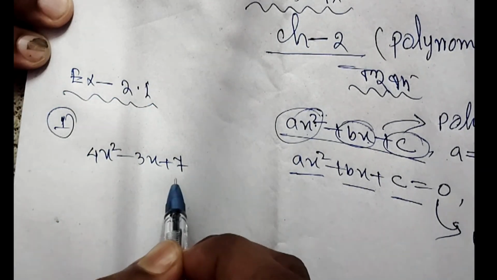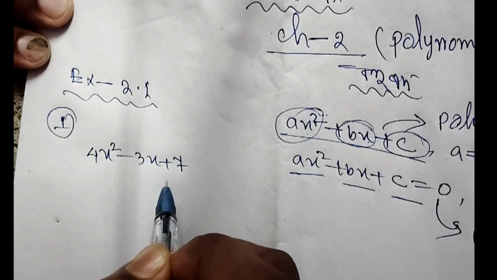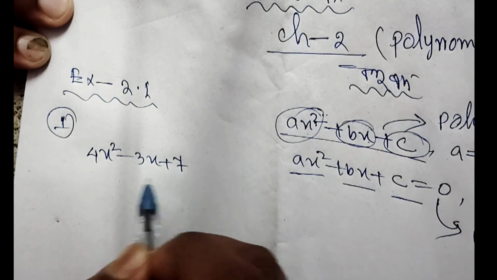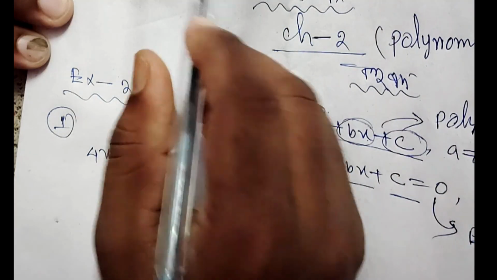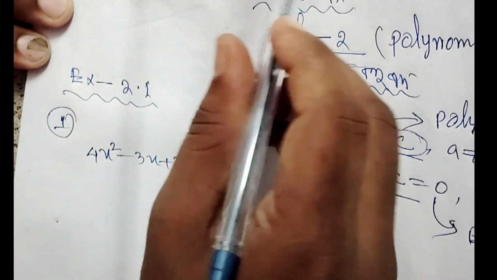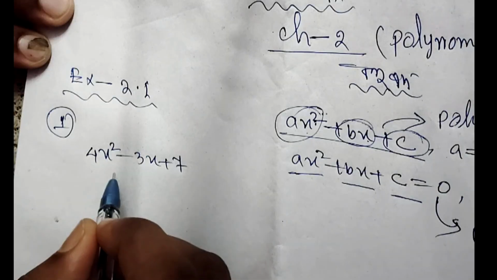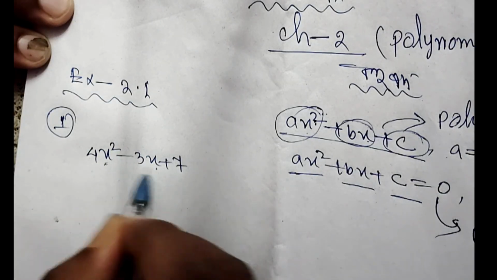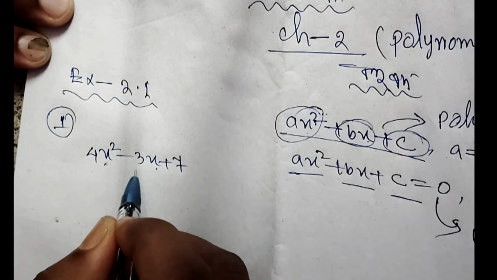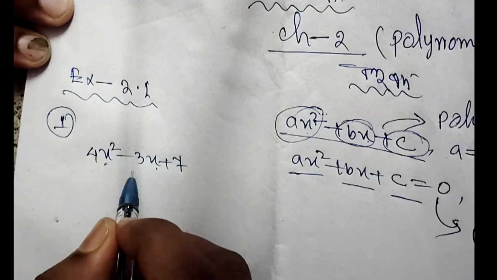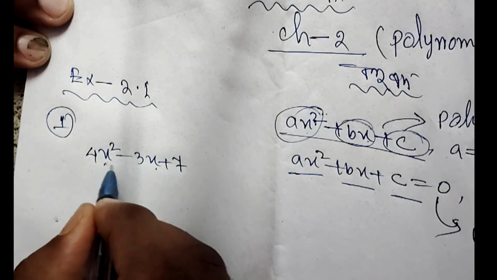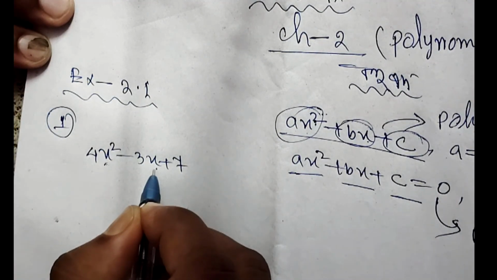So this polynomial is in one variable. Here the variable is x, so this one is a polynomial in one variable because the variable is x.